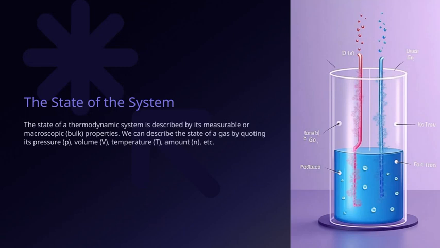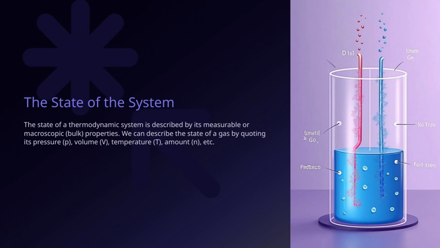The state of a thermodynamic system is essentially described by its measurable, or macroscopic, or bulk, properties. These are the properties we can observe and measure directly, which give us a clear picture of what's happening inside the system.